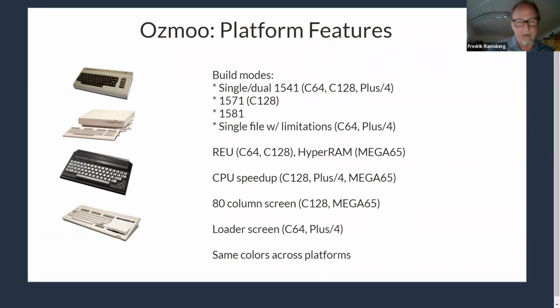While in theory you could have a lot more different colors on the +4 and the Mega 65, you don't get that by default. You'd need to do a bit of hacking if you want to access the extra colors. But it does make it quite convenient because you can release a game with the same color scheme somewhat. I mean, it could be approximations, but you can pretty much easily build it for 4 different platforms and get the same colors for all.